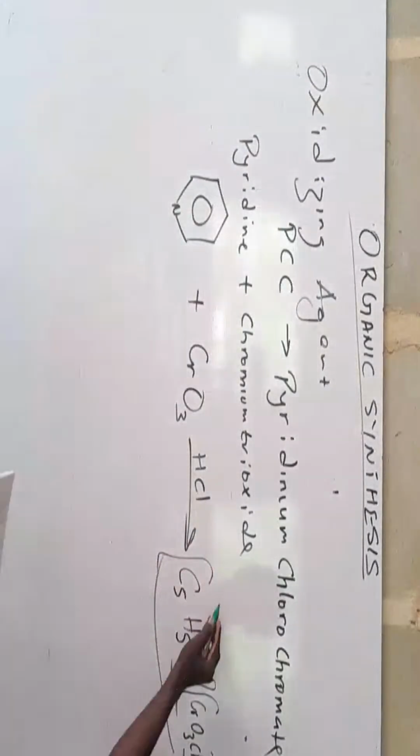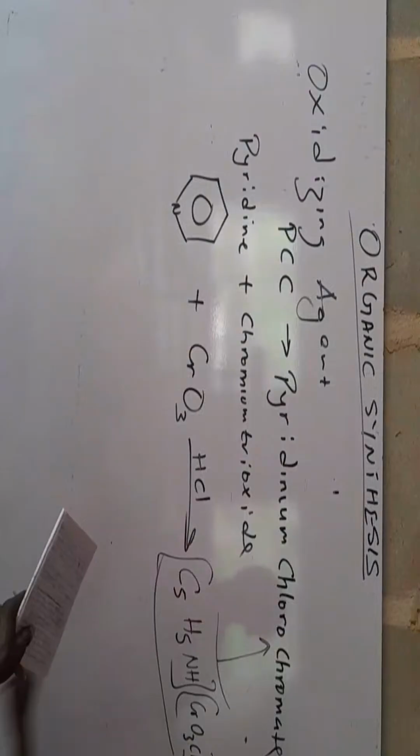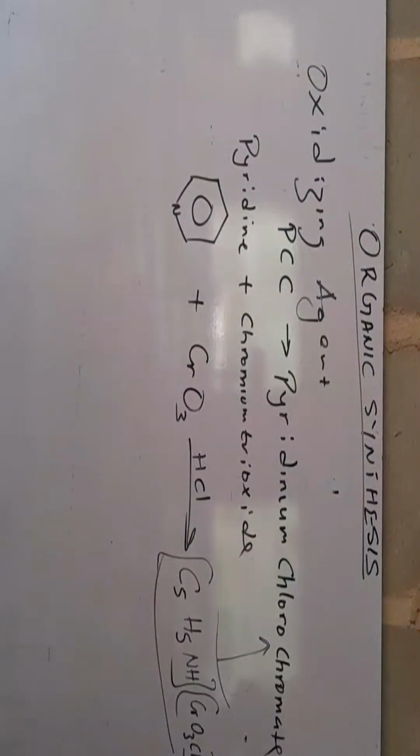Yes, this is the compound we call PCC. Now, this compound PCC, of course, has various applications. I want you to know that. So they can ask you to mention what are the applications of PCC.